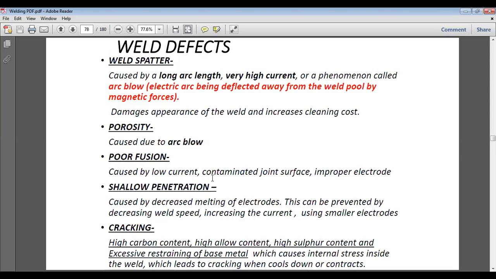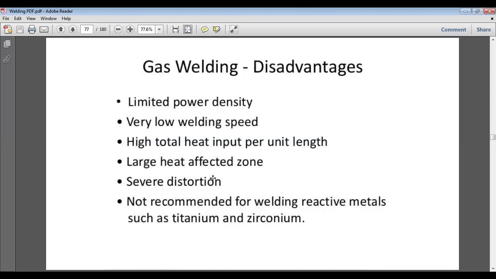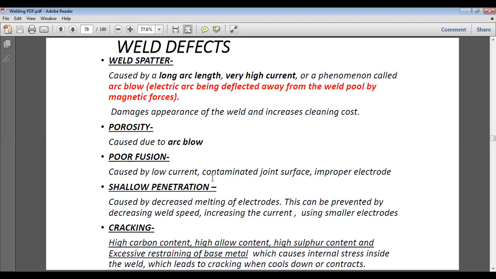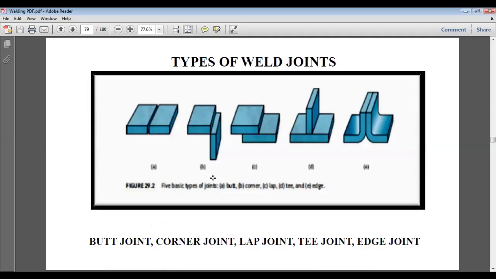Then poor fusion is important. That means two molten metals are not completely combining together, so there is not a homogeneous joint. Then shallow penetration means the heat is not going deep inside the metal. Then cracking is also a welding defect. This may lose the joint.